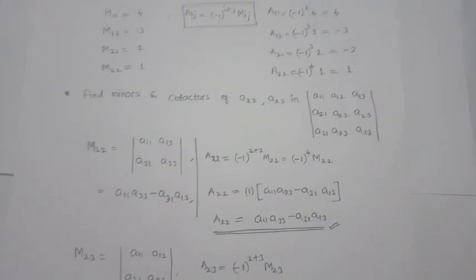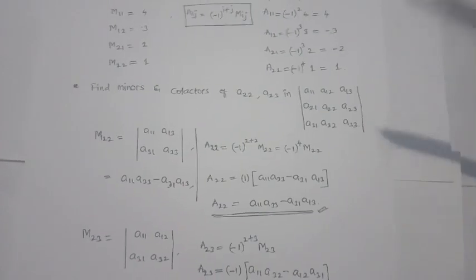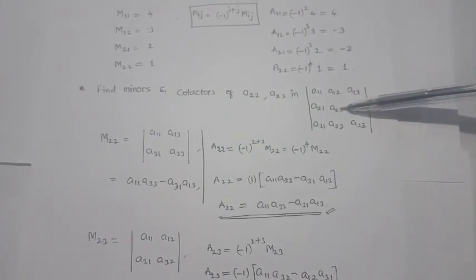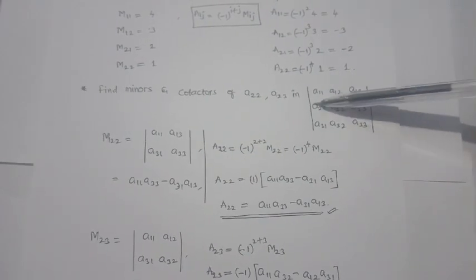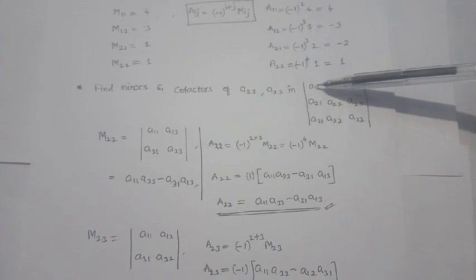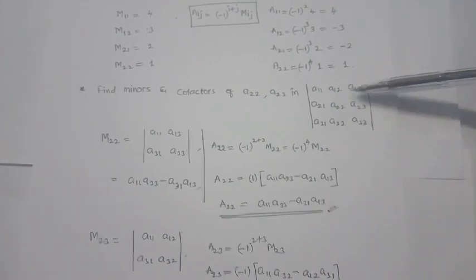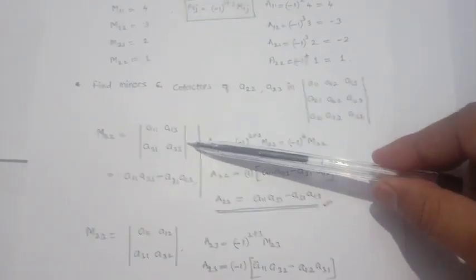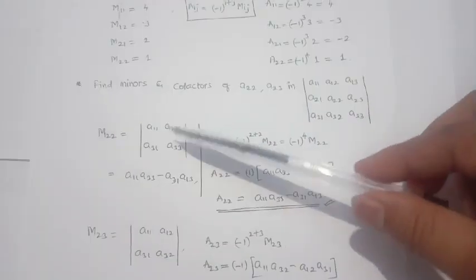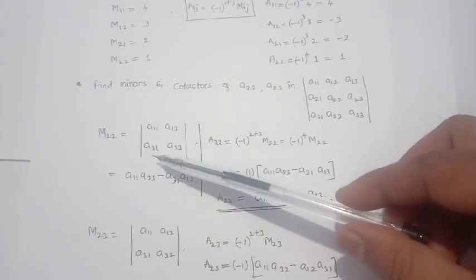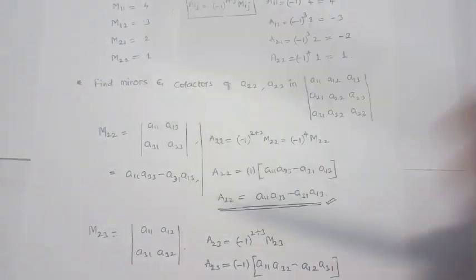Now we are required to find the cofactor of A22. Excepting the second row and the second column, the elements remaining are A11, A13, A31, A33. So this is your M22, and multiplying crosswise it is A11 A33 minus A31 A13.